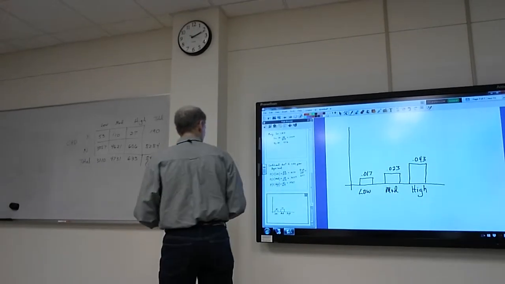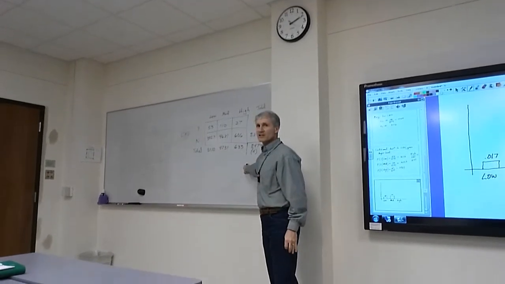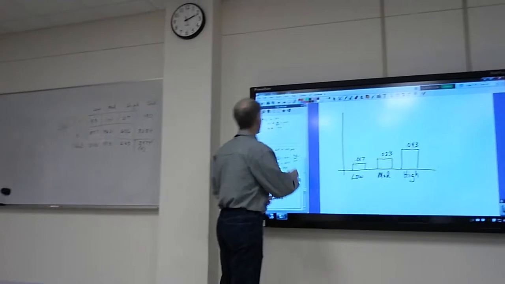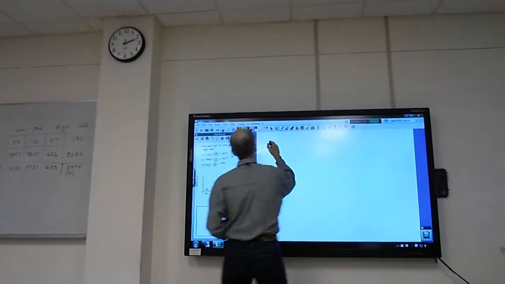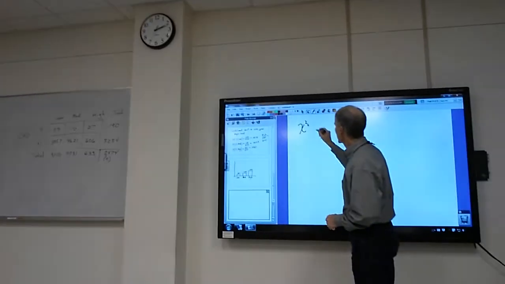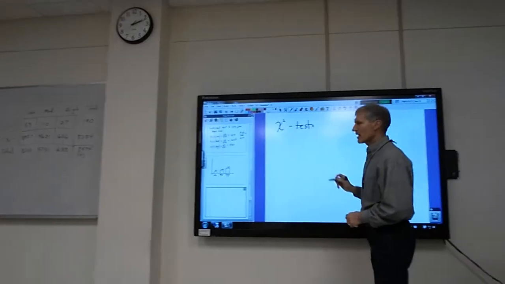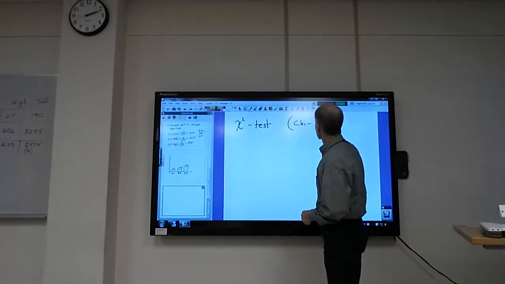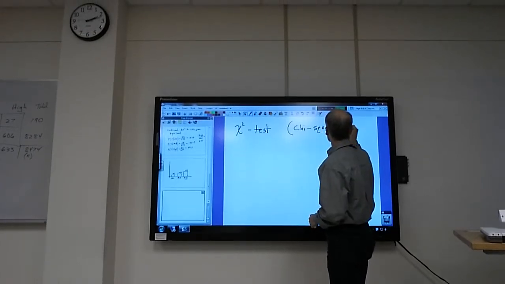So the way this hypothesis test will go for a contingency table or a two-way table is known as a chi-square test. It's the Greek letter chi squared test. And often they'll spell it out, CHI square test.